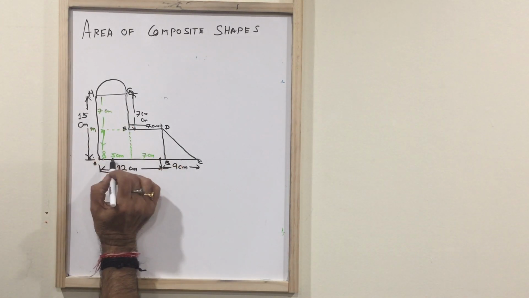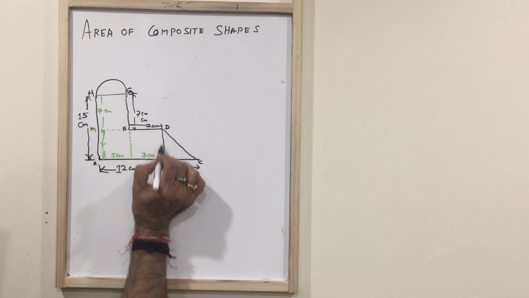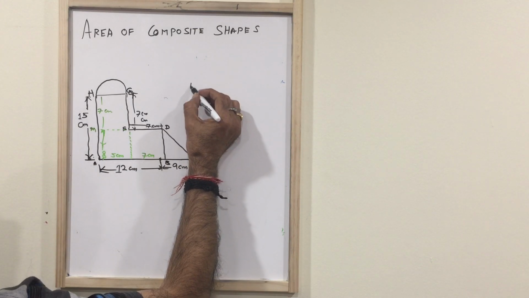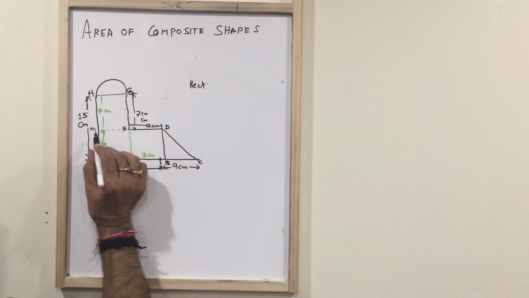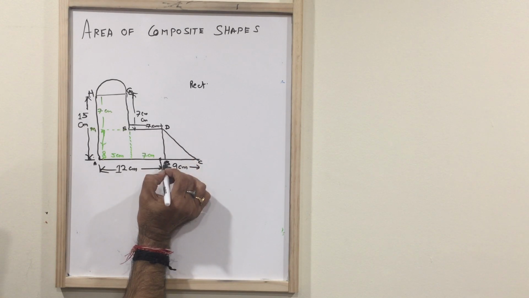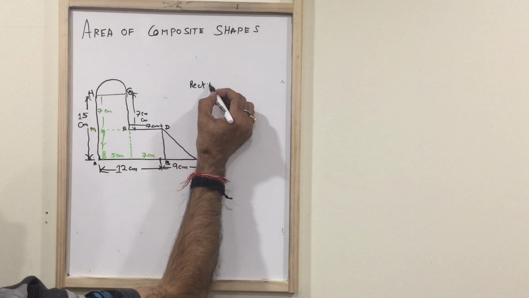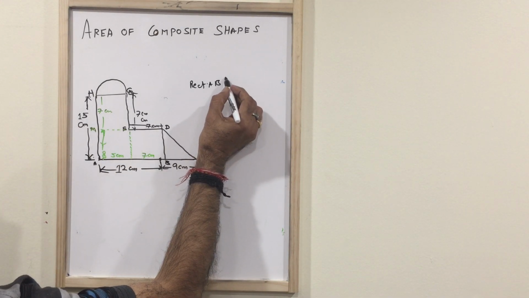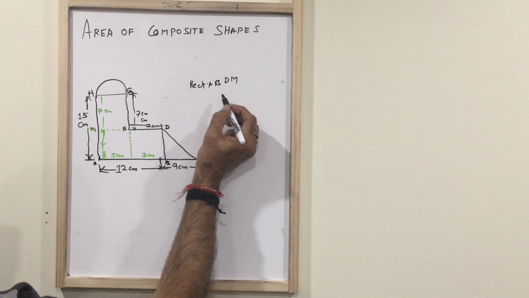So see, this is one rectangle, M, D, B, A. You can write it A, B, D, M is one rectangle.